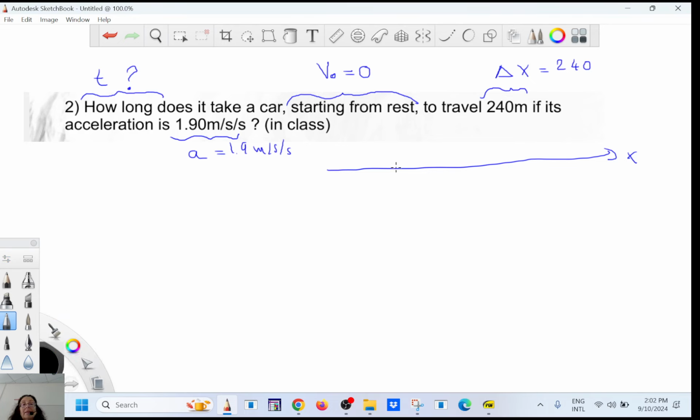So you have the number line. When you start your stopwatch at t equals 0, there is no speed, it's at rest. And you can put your 0 here, and then it's going to accelerate.